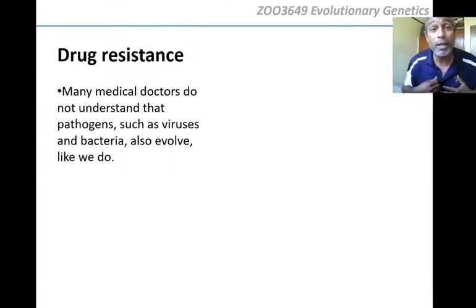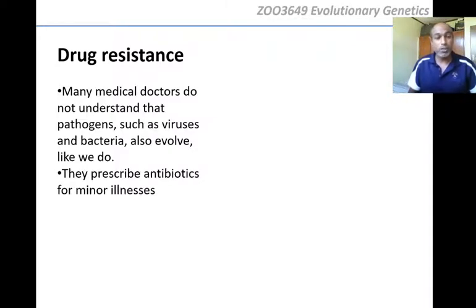So how can we increase our survival? We need to understand fitness and natural selection in our pathogens. If we don't understand that, we don't know what we're doing in medicine. Okay? Which is why a lot of doctors, unfortunately, don't know what they're doing.